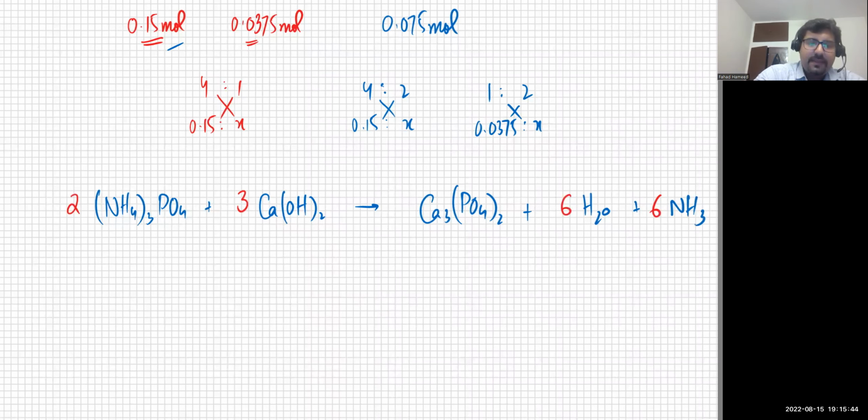Now in this, let's say I've been given 0.06 moles of this. That's already given, that I have 0.06 moles of calcium hydroxide. So how much ammonium phosphate will be needed for this? What will the ratio be?